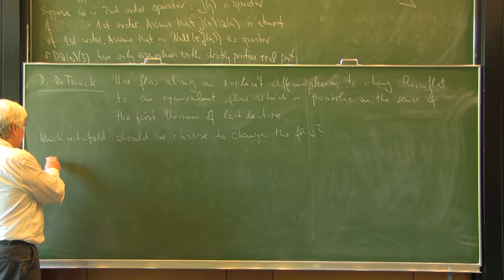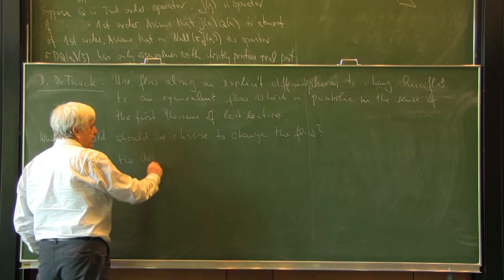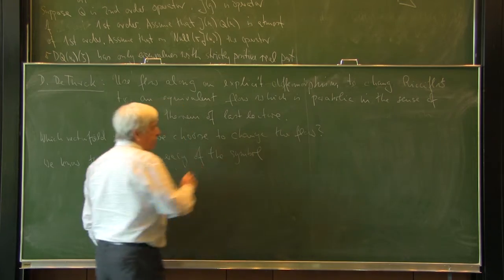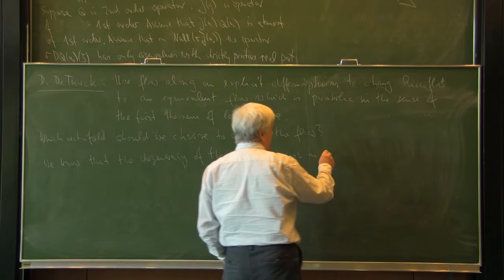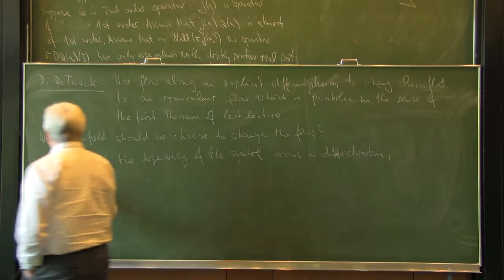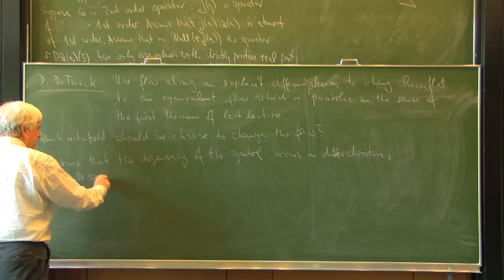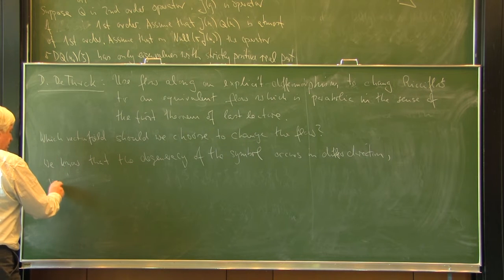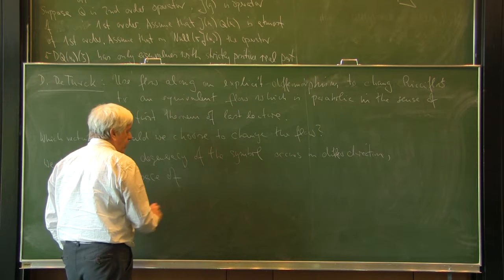We had seen that the degeneracy of the symbol occurs in the diffeo direction, and on the, no, not on the null space, vertical to the null space of the second Bianchi.